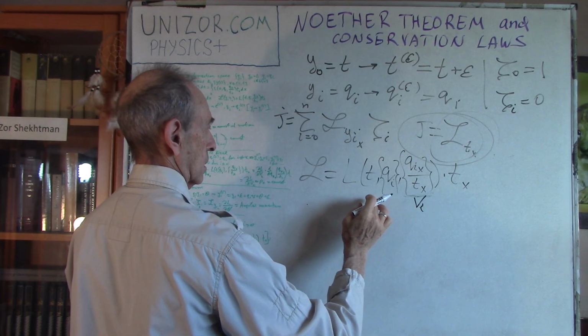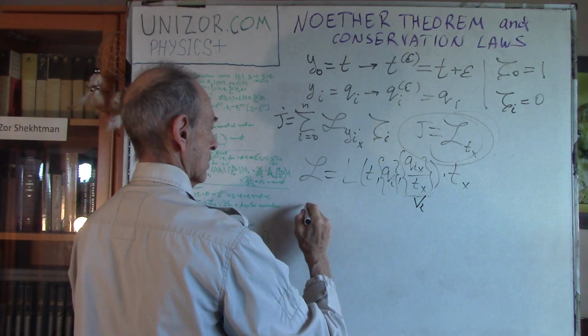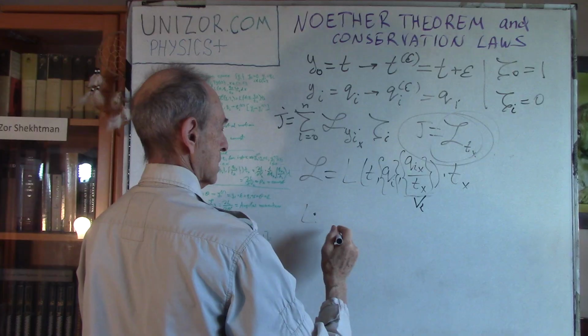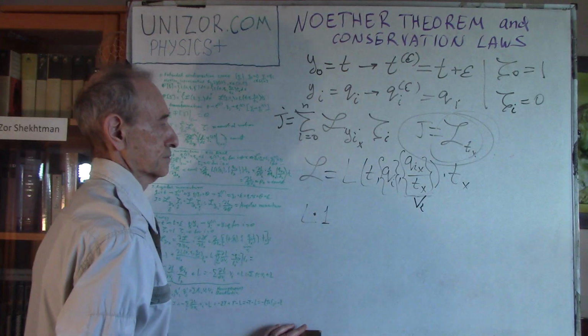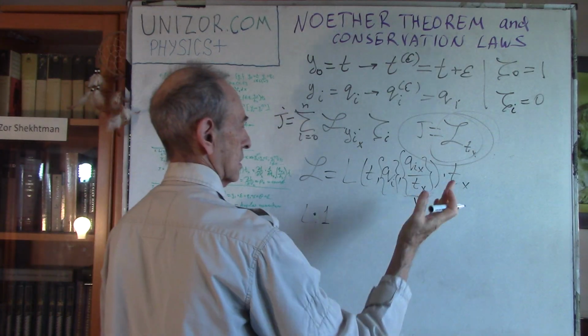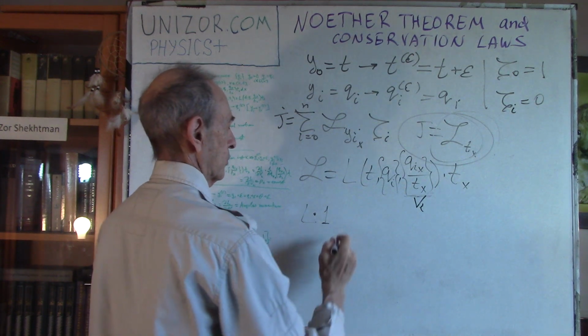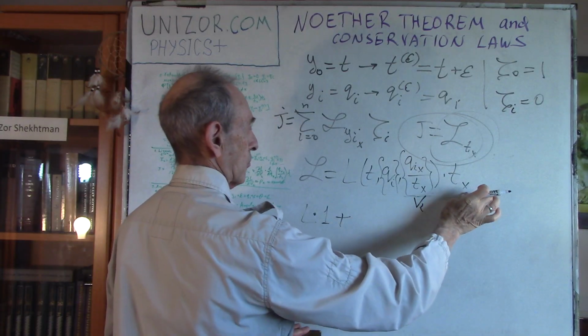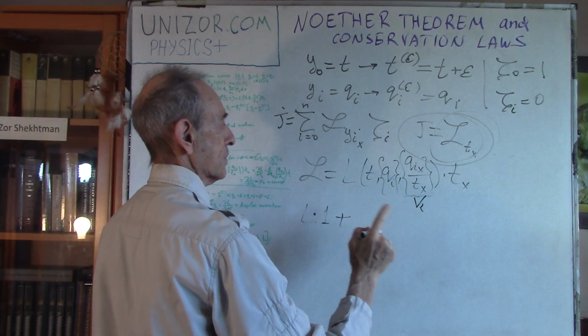So it's L times the derivative of tx, which is 1, right? So L is just like a multiplier. Plus the derivative of this by tx.